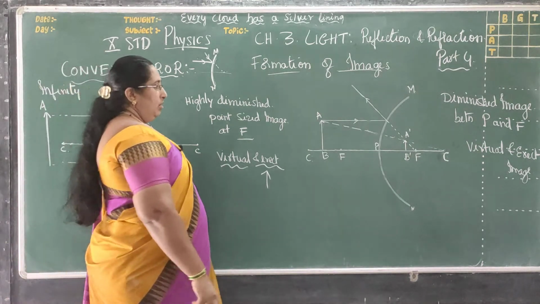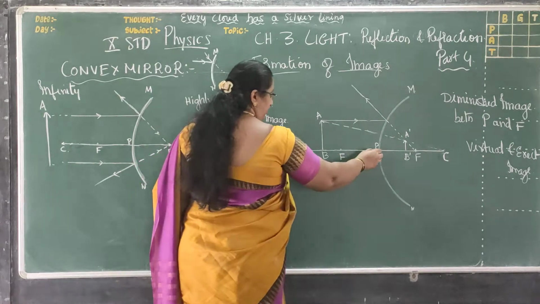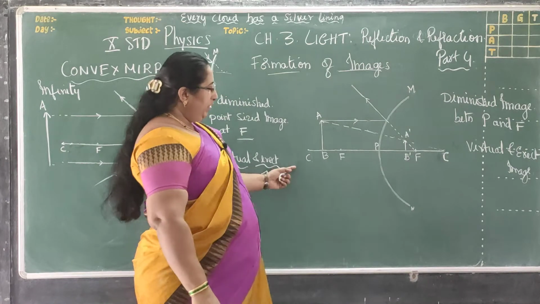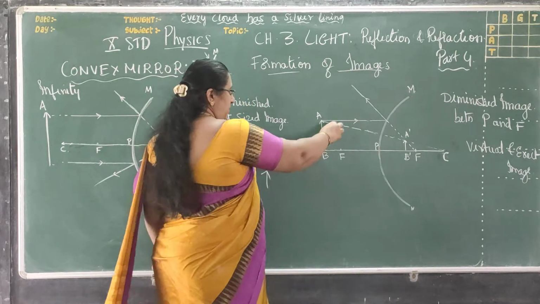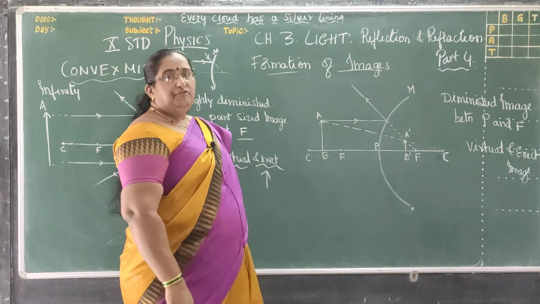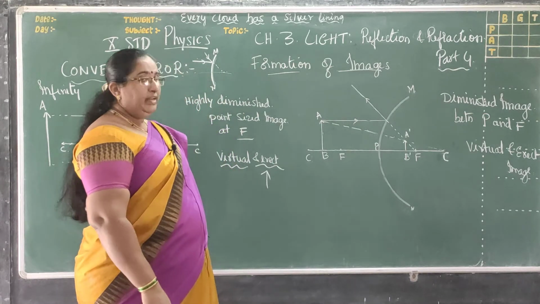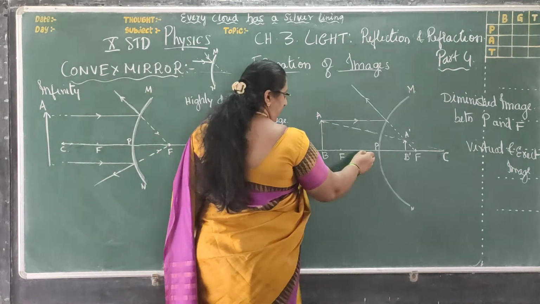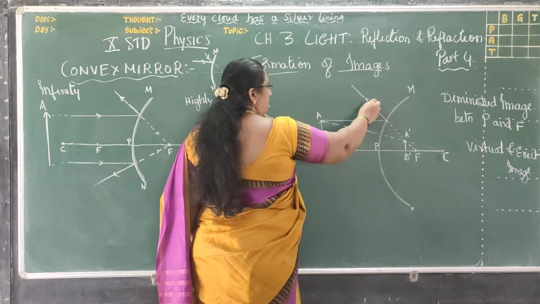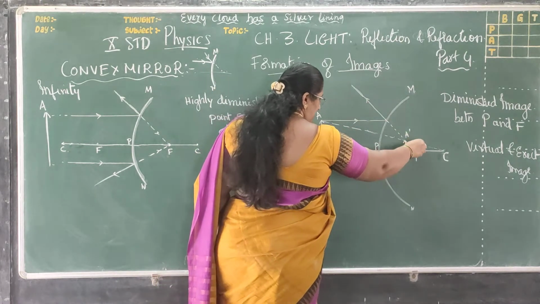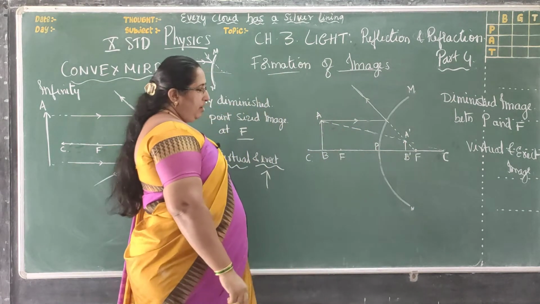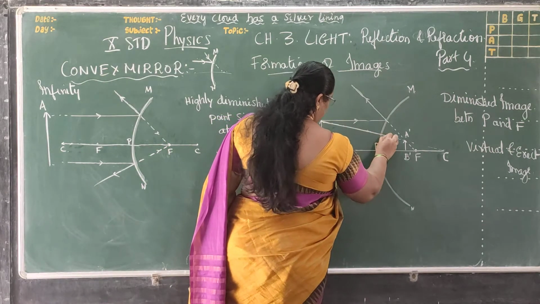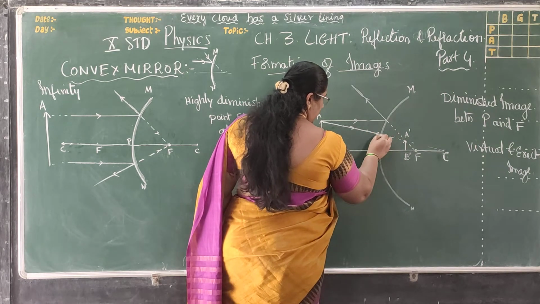Now, if the position of the object is anywhere between infinity and the pole, suppose it may be here or here or here, then the ray which is parallel to the principal axis will reflect backward as if it is diverging from the focus, and another ray which is directed towards the center of curvature will retrace its path.